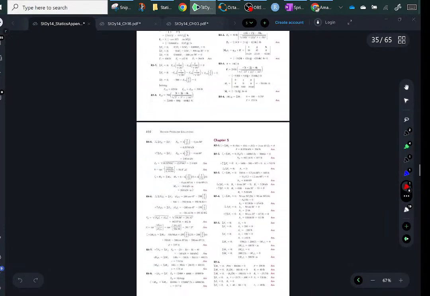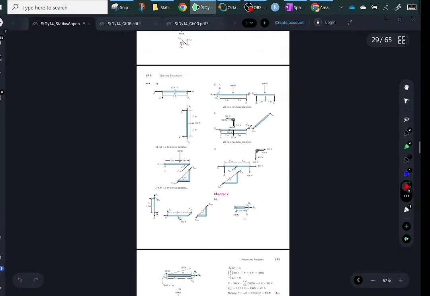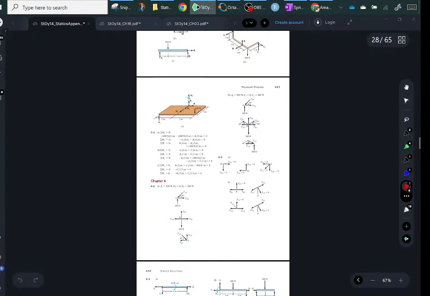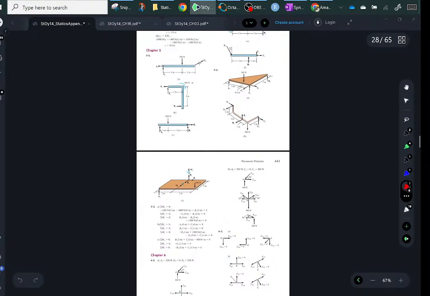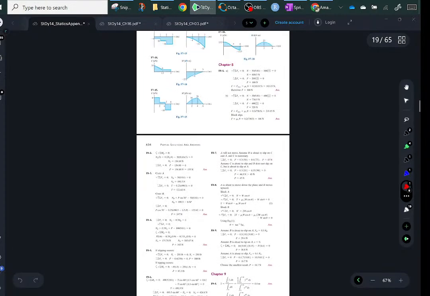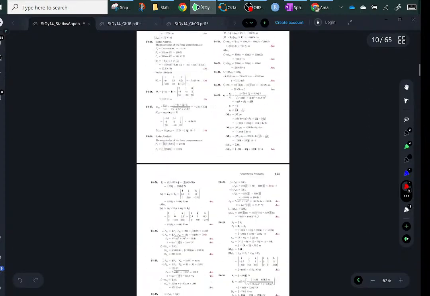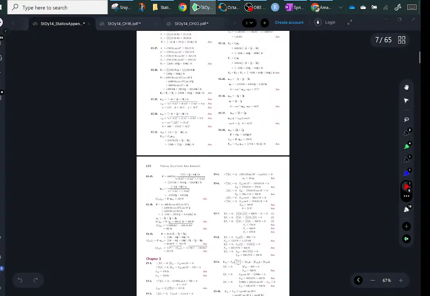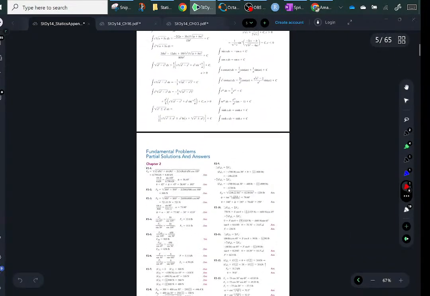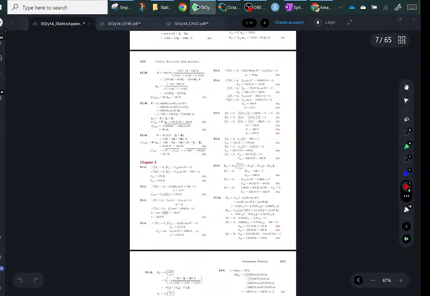Okay, he's got R's and he's got F. There's the R's. Am I still at R or am I F? What? Okay, this is something. This is preliminary problem. Where's the fundamental? Oh, wait, there's the F. 3.1? No. Wait. Okay.